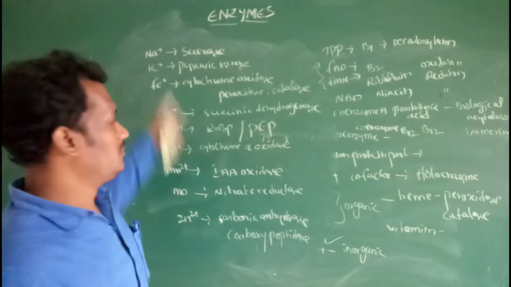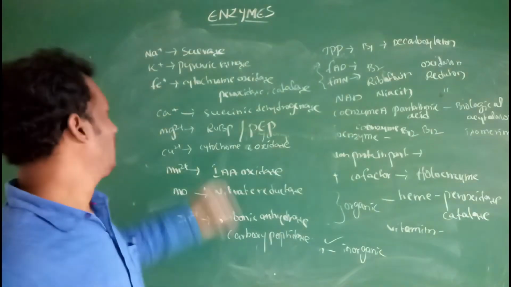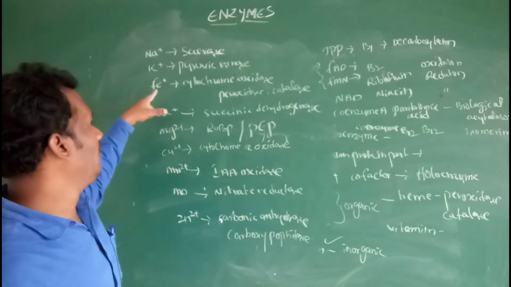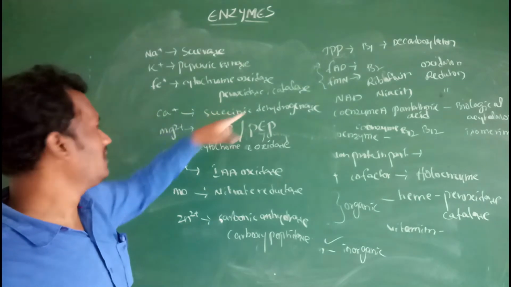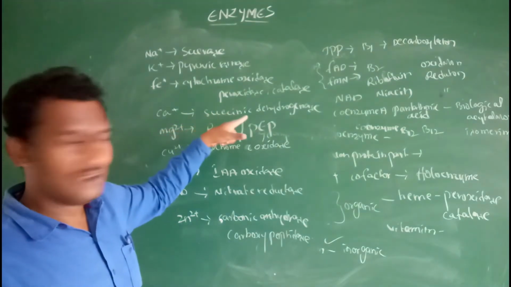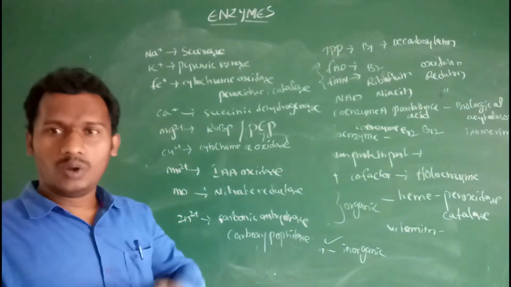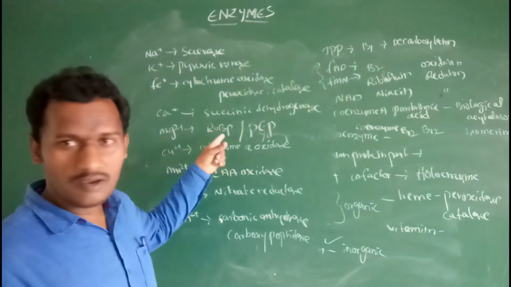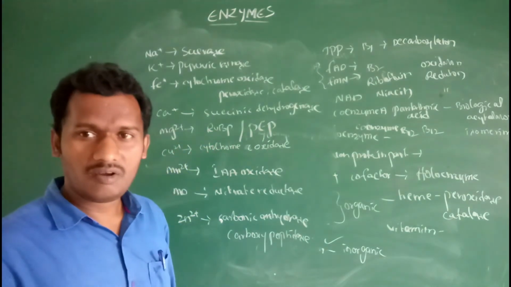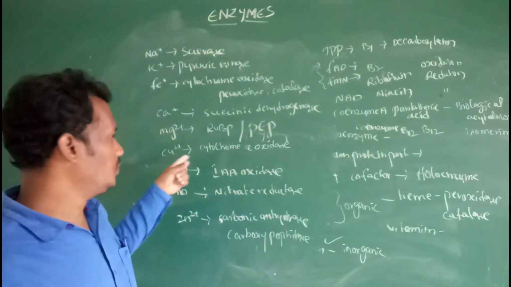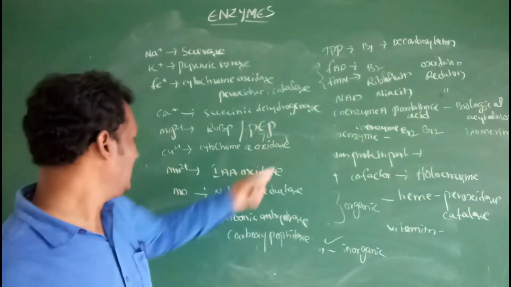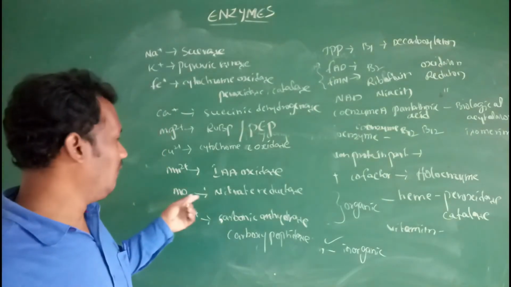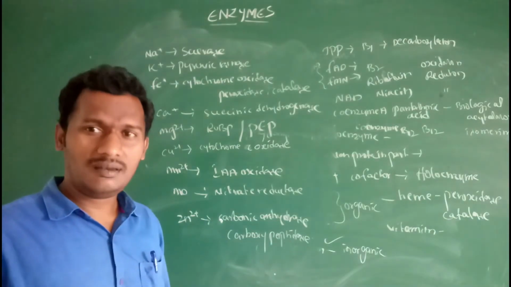So these metal ions act as cofactors. Best examples: Na plus, sucrase enzyme; K plus, pyruvate kinase enzyme; Fe plus, cytochrome oxidase, peroxidase, catalase; Ca plus, succinic dehydrogenase; Mg2 plus, all polymerases, phosphorylase enzymes, RuBP carboxylase in C3 cycle, PEP carboxylase in C4 cycle; Cu2 plus, cytochrome c oxidase; Mn2 plus, IAA oxidase; Mo, nitrate reductase, nitrogen metabolism.